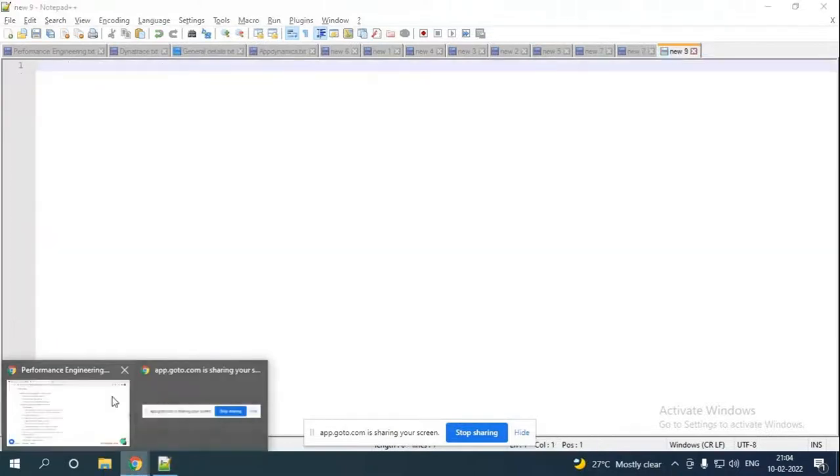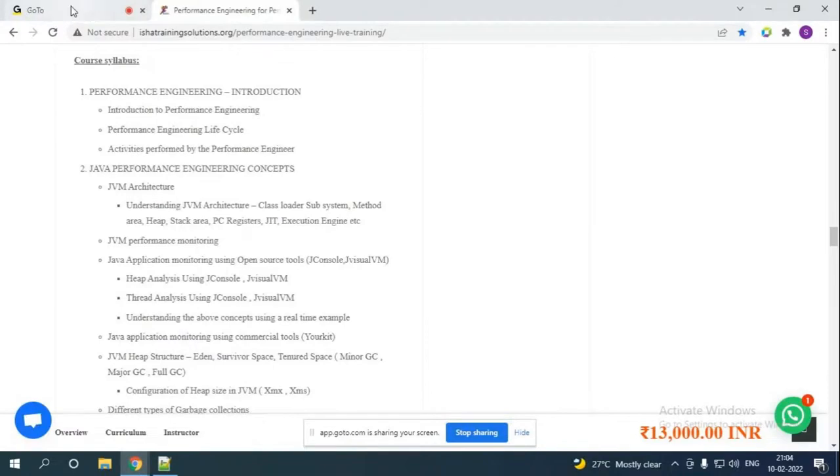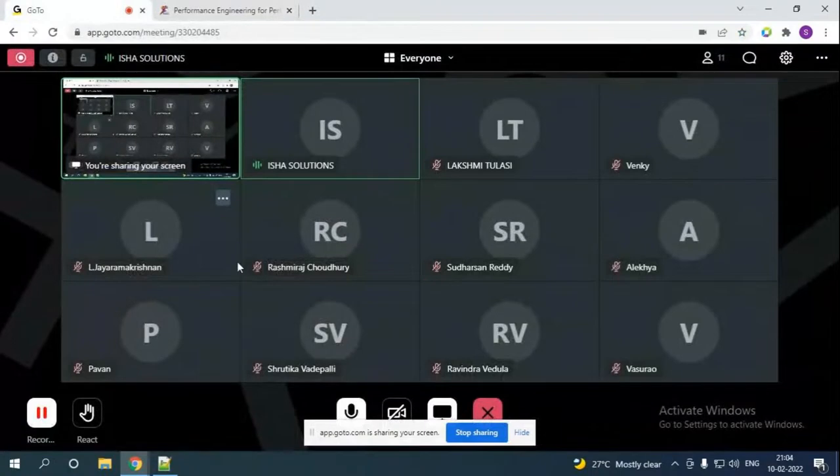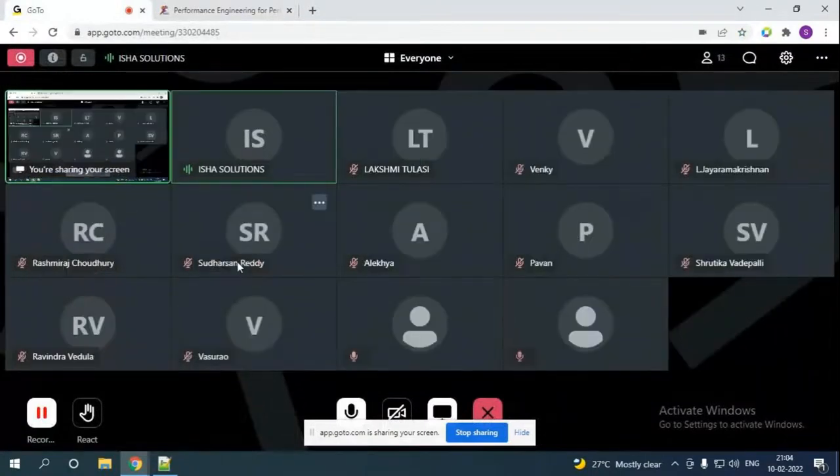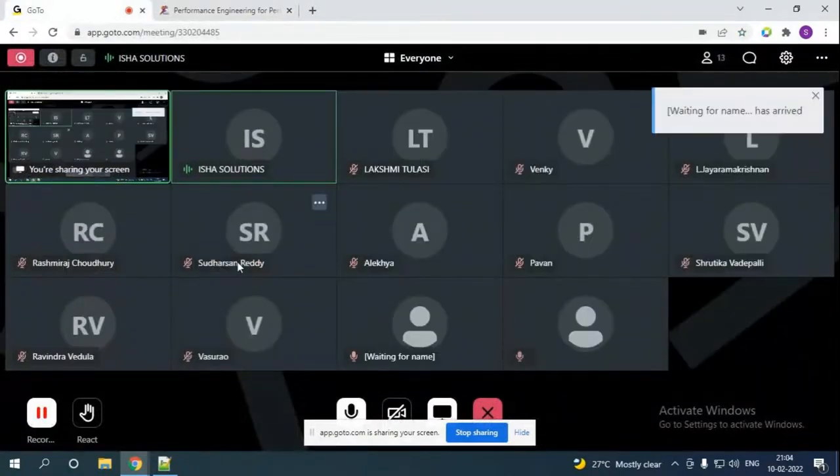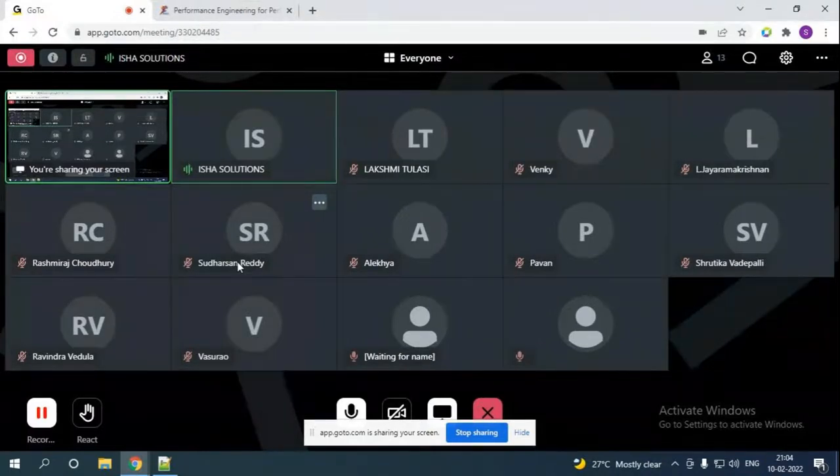Those who are learning this course journey will try to implement it in their real world work, so our course coverage will be practical examples.